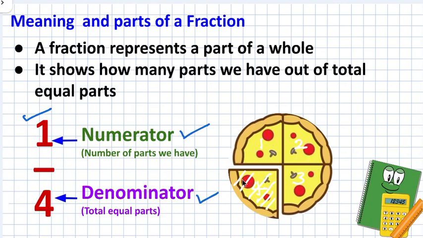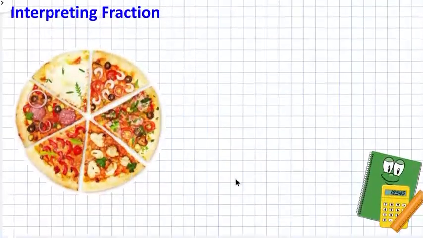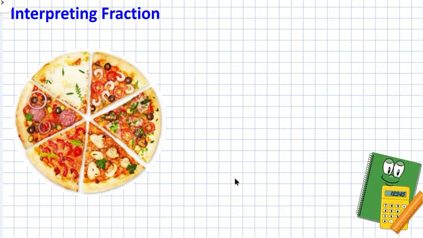So let's take a look at this diagram. Now, if you look at this pizza, you will notice that 1 part of this pizza has been removed. So let's write the fraction of the part that was taken. The first thing you need to do is count the total equal parts.